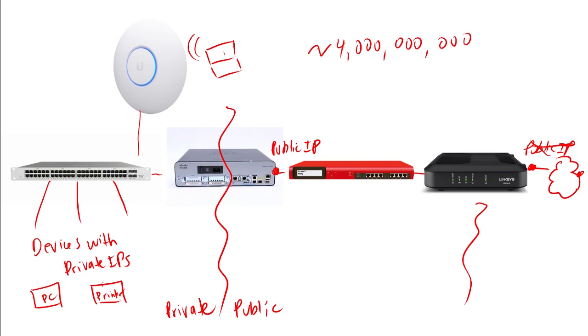The next thing we're going to think about is what we call the network ID. So actually, the next thing we're going to look at is how computers count.